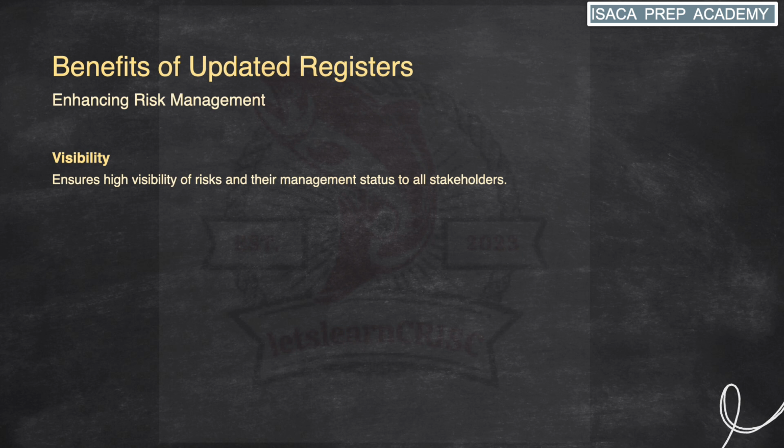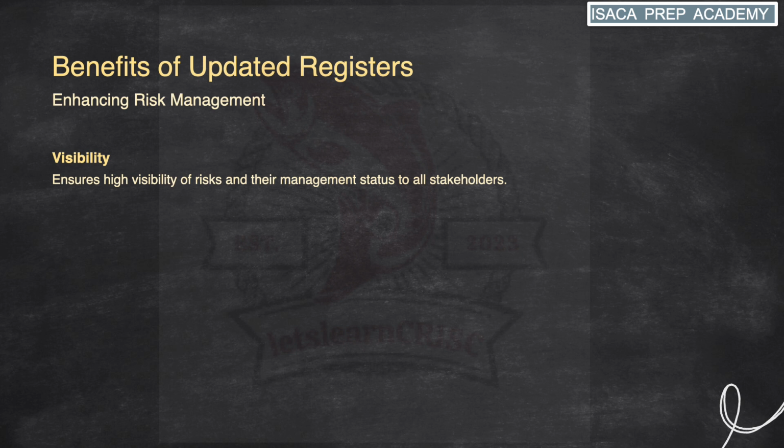Friends, additionally, visibility into the risk management activities facilitates timely communication and collaboration among stakeholders, enhancing coordination and alignment in addressing organizational risk. This transparency also builds trust and confidence among stakeholders as they can see the organization's proactive approach to managing risks and ensuring business resilience.